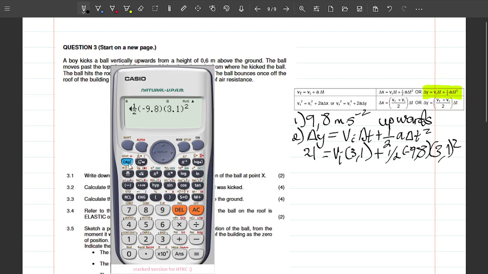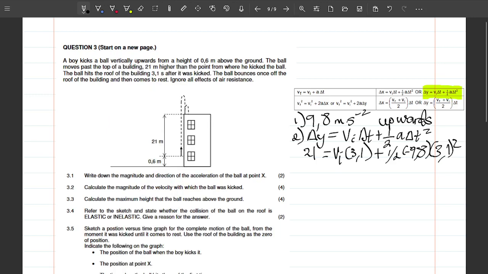Then shift solve, equals, and we get approximately 21.96. We get 21.96 as our initial velocity.